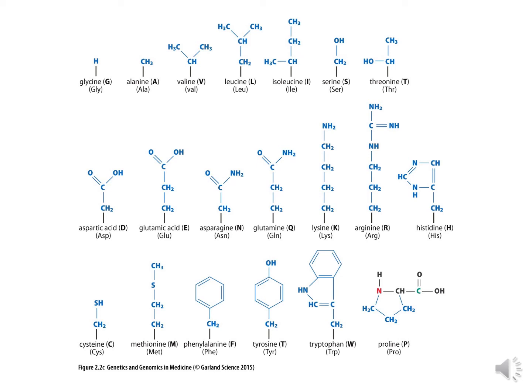Historically, amino acids were designated by three-letter abbreviations, so SER for serine, for example, and then we also have a single letter nomenclature as well for the amino acids. Some of these are more intuitive than others. So for example, glycine is denoted by the letter G, whereas tryptophan is denoted by the letter W.